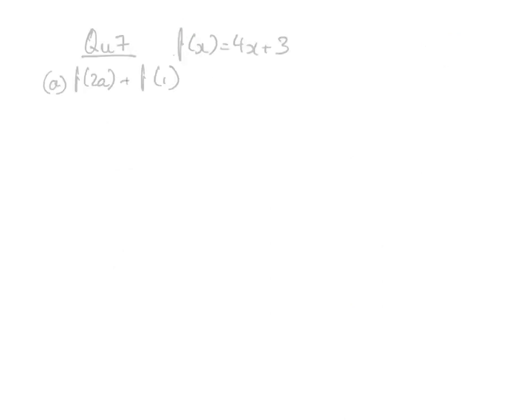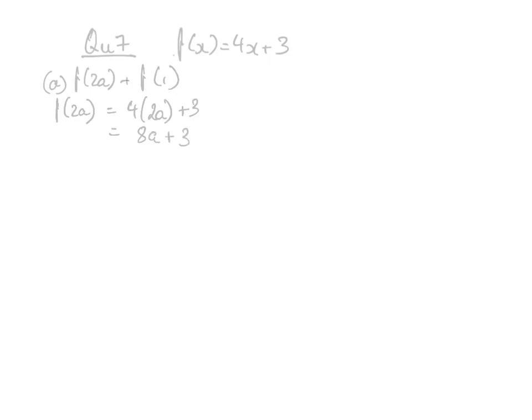All right, so the last one here, we're given f of x is equal to 4x plus 3, and we're asked to find f of 2a plus f of 1. So you do need to do them separately and bring them together at the end. And so for f of 2a, wherever you have got an x, you're going to put 2a. So 4 times 2a plus 3 is 8a plus 3.